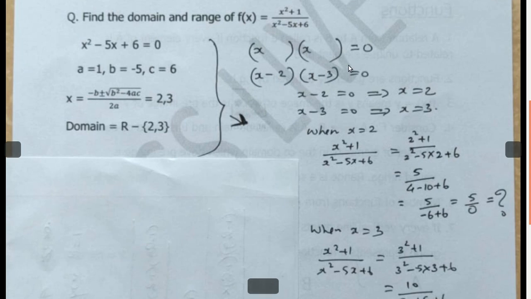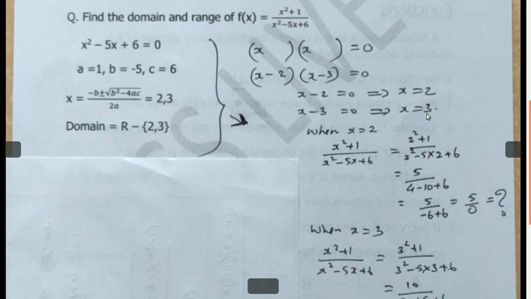Minus 2 plus minus 3 is −5, and minus 2 times minus 3 is +6, right? So x − 2 = 0 and x − 3 = 0. When you take x − 2 = 0, x = 2. When you take x − 3 = 0, x = 3. So we have obtained 2 and 3 as x values.